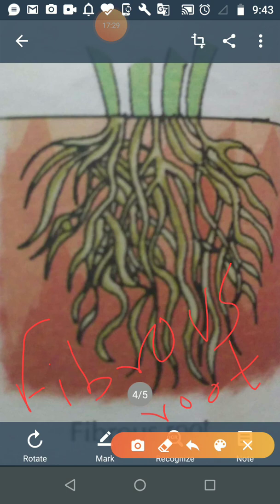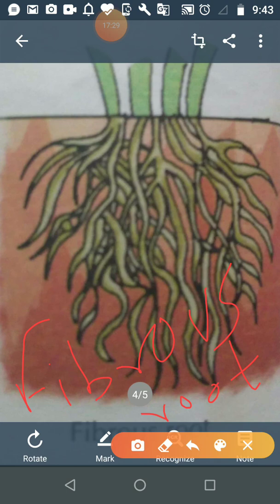The small lateral roots are able to cling to the soil, which makes them suitable for the prevention of soil erosion. They are able to hold the soil tightly. These roots do not go deep under the ground. Fibrous roots do not go deep under the ground.